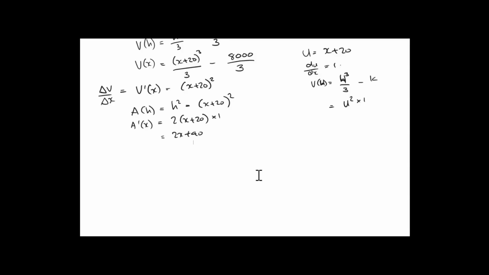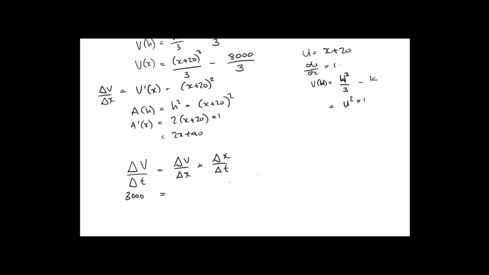All right. So the change in volume with respect to time is the change in the volume with respect to x times the change in x over the change in time. We know this is 3,000.